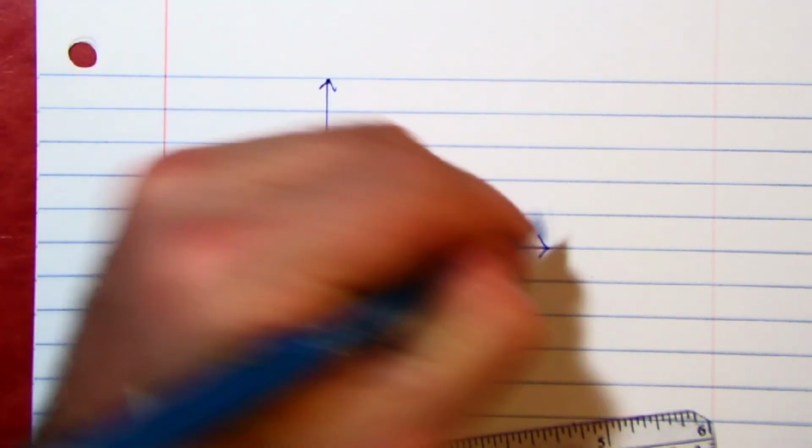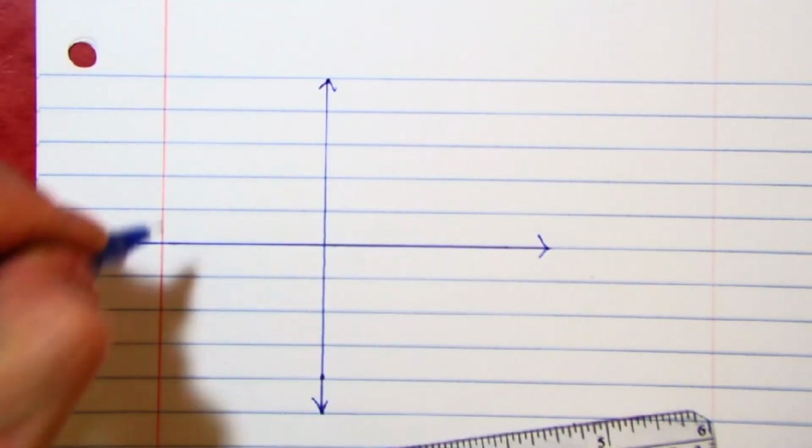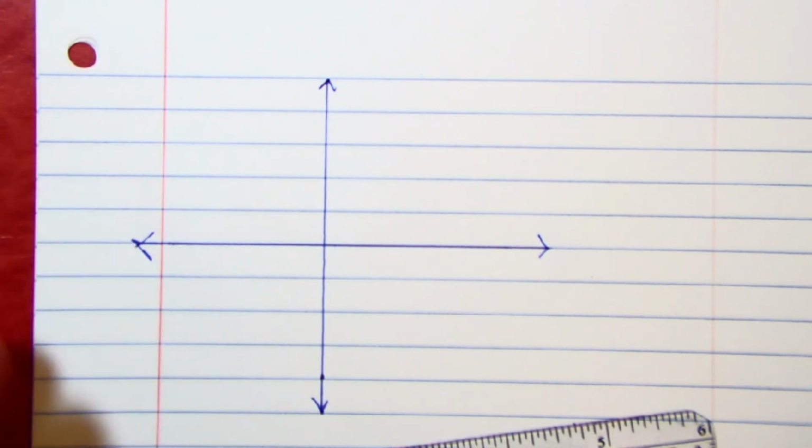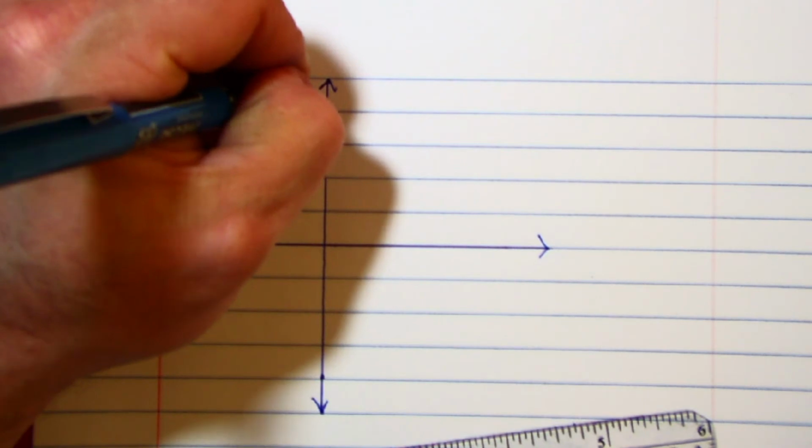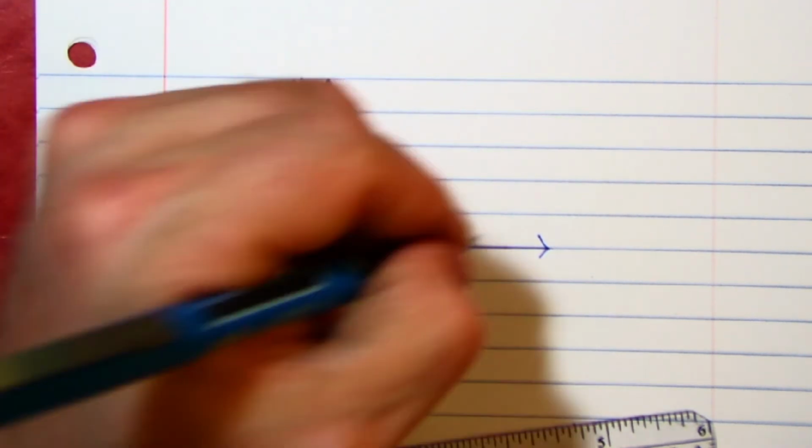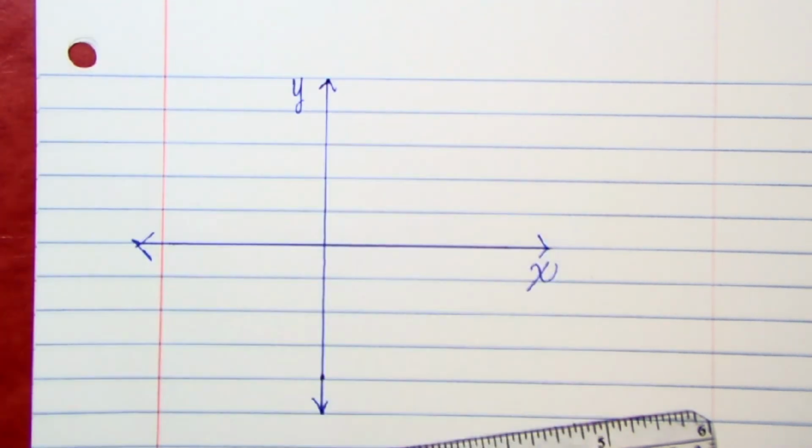Just make that picture on your paper, okay? Now go around the edges of the graph and put arrowheads. Okay? And then label the vertical axis Y and the horizontal axis X.